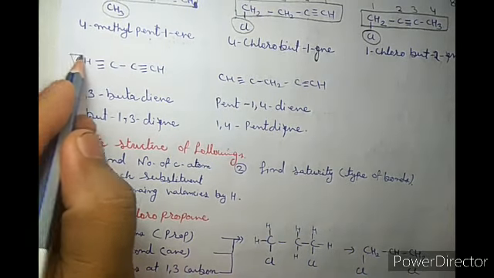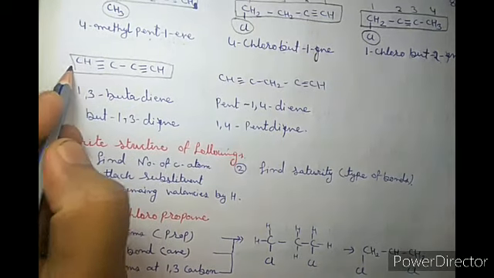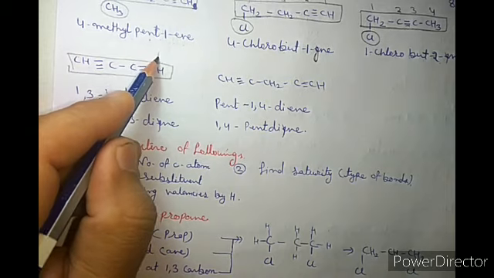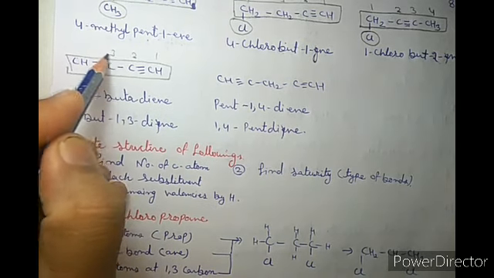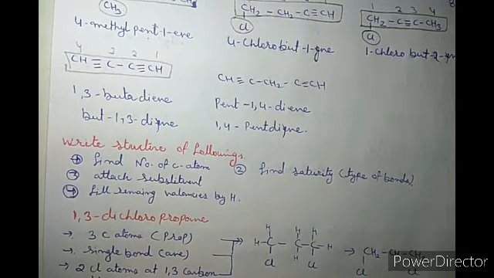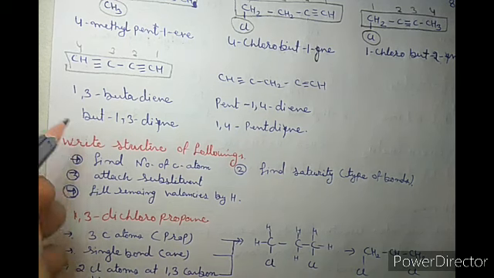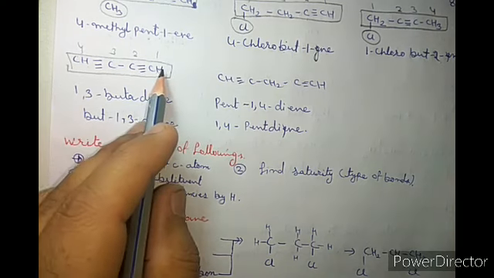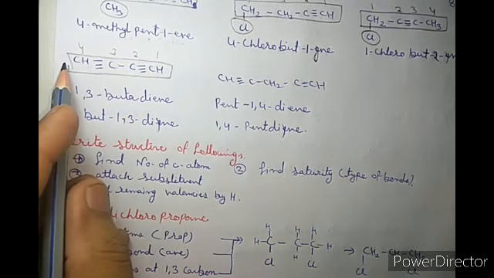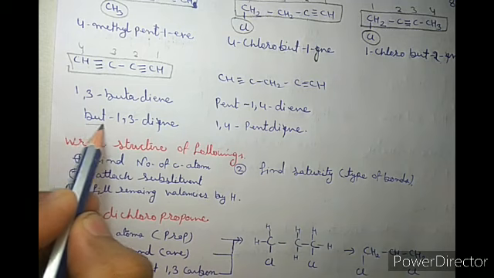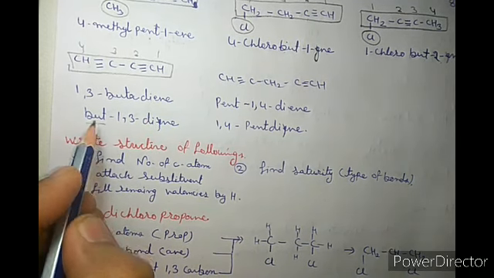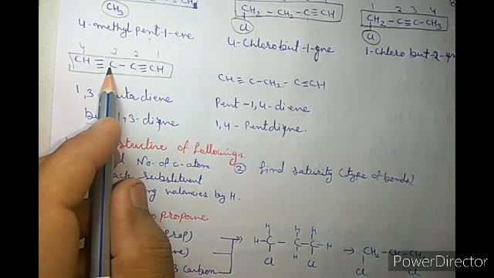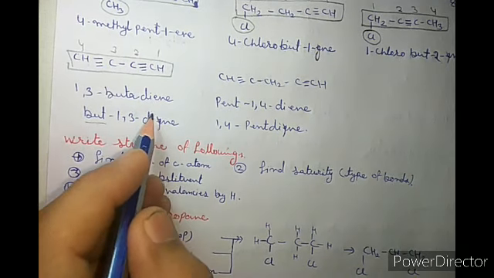This is our main chain, and give the minimum number to the double bonds. For that, 1, 2, 3, 4. Got it? Here there is no substituent, so we will write the name of the main chain. That is but, 4 carbon, and 2 double bonds which are present on the first and third, so that is diene.